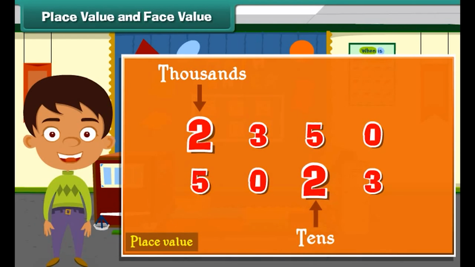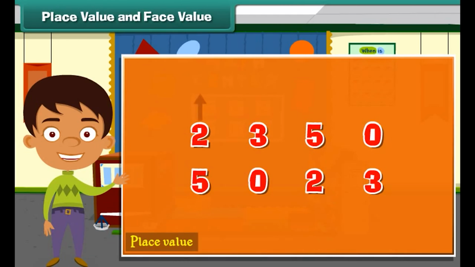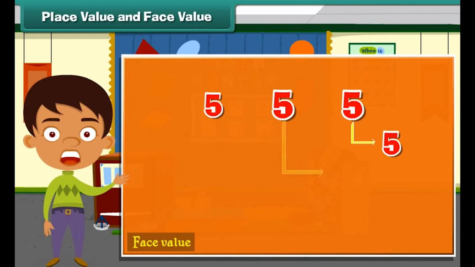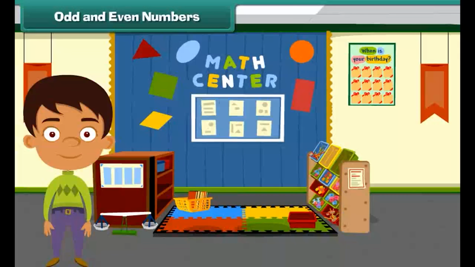Hence, the value of 2 in 2350 is 2 thousands, and in 5023 it is 2 tens, that is 20. Face value of a digit is the digit itself. The face value of the digit 5 in number 555 is 5 at each place, but the place value of 5 is different at each place. Moving from left to right, the values of the three 5s in 555 are 5, 50, and 500.